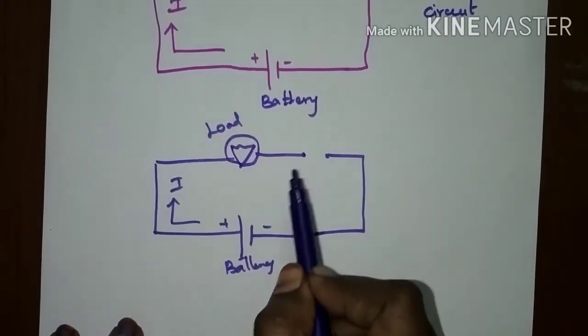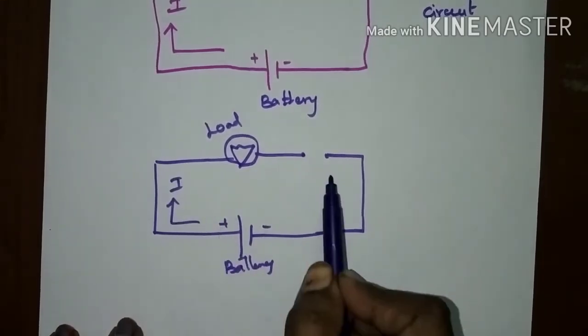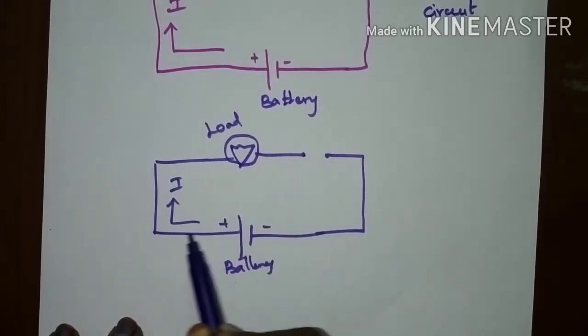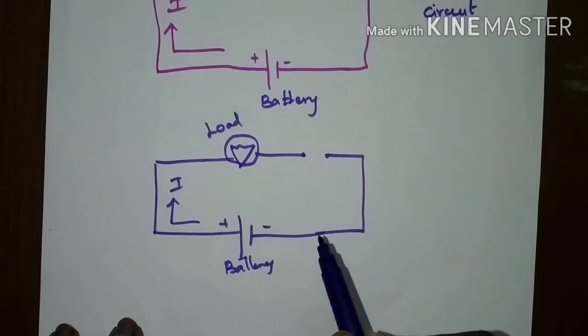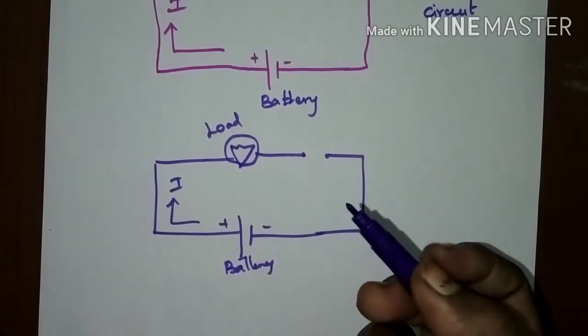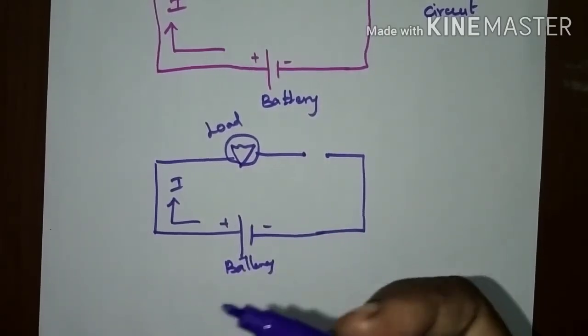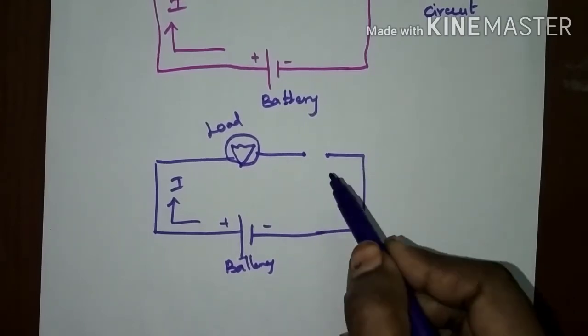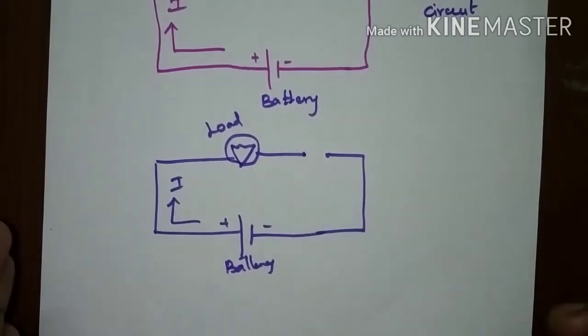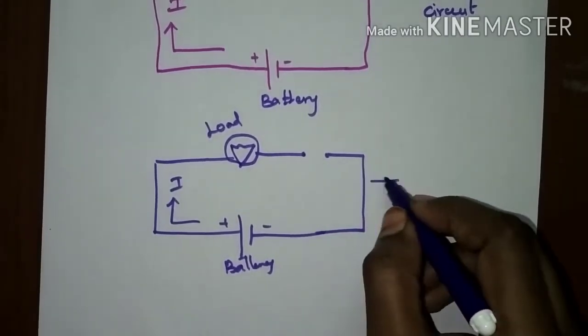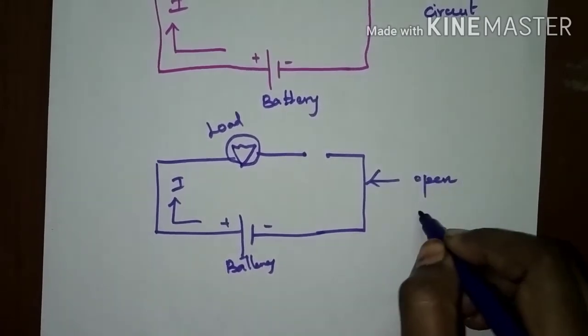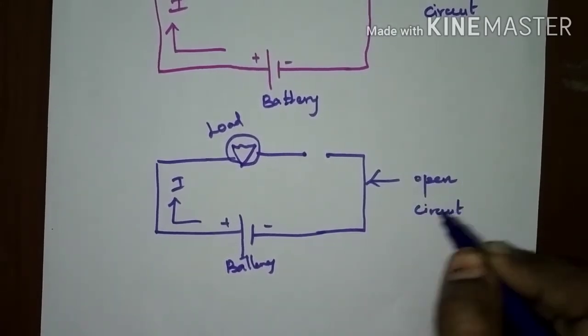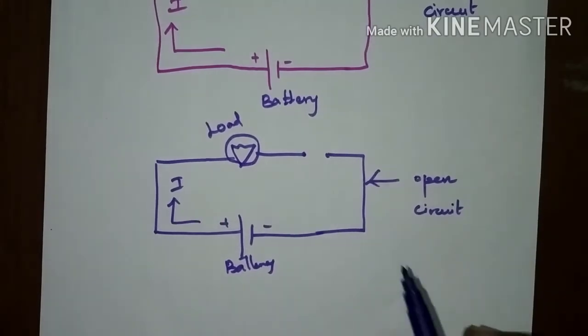Due to the breakage, the current won't complete the path since it is open here. The current will not flow throughout the circuit, so the load will not glow. That is, the light will not glow. If the circuit is open, the current will not flow, and the circuit is termed an open circuit. If the current does not complete a closed path, then it is an open circuit.